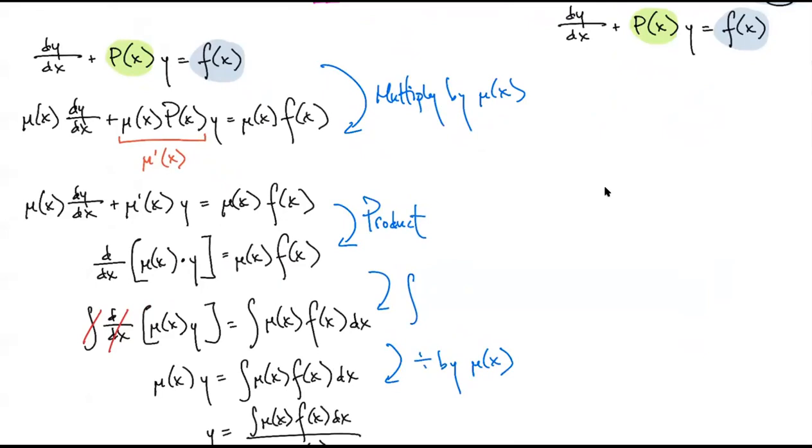If I want to use this method, I'm going to have to be able to find the magical function more precisely than just hand wavy, I found a magical function. So it turns out we're going to use this piece right here, that mu of x times p of x is equal to mu prime of x.